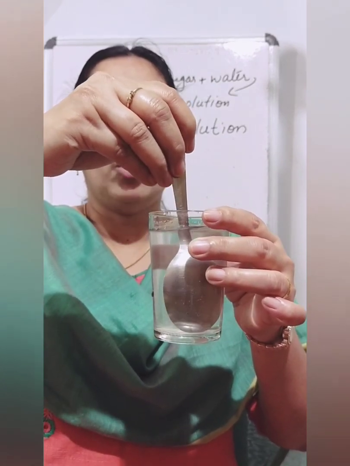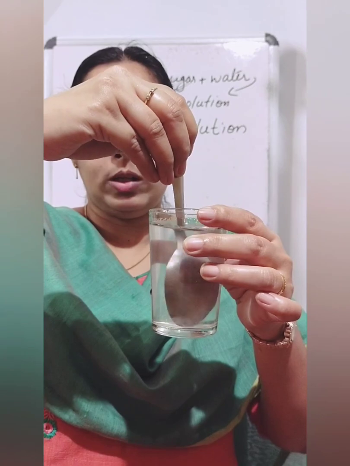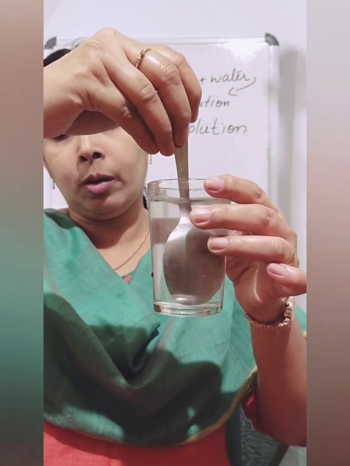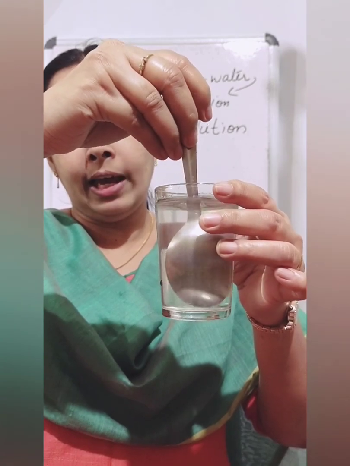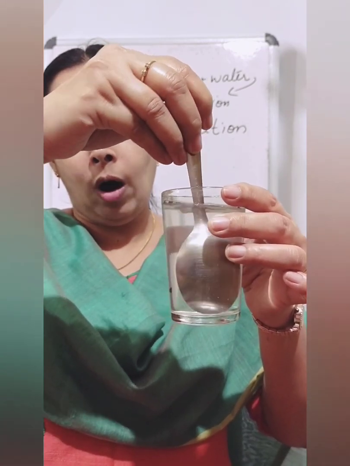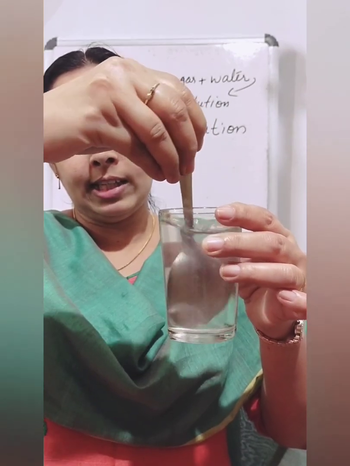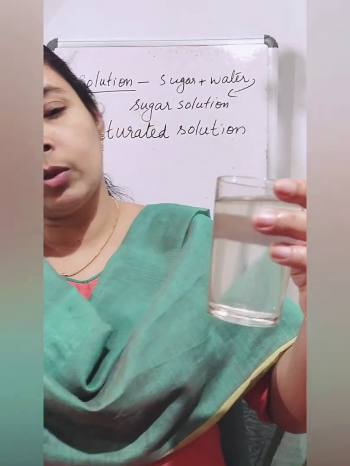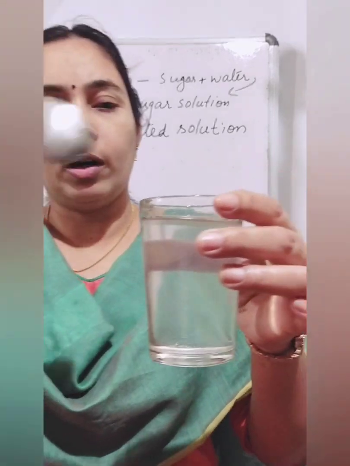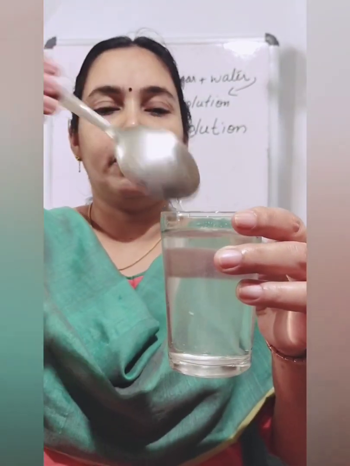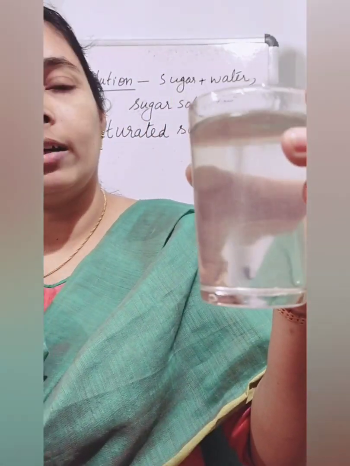It can dissolve more salt. The fourth spoon was settled at the bottom of the glass. But when I add some more water into this saturated solution, what happened to that salt? We can see that the salt dissolved in this water.